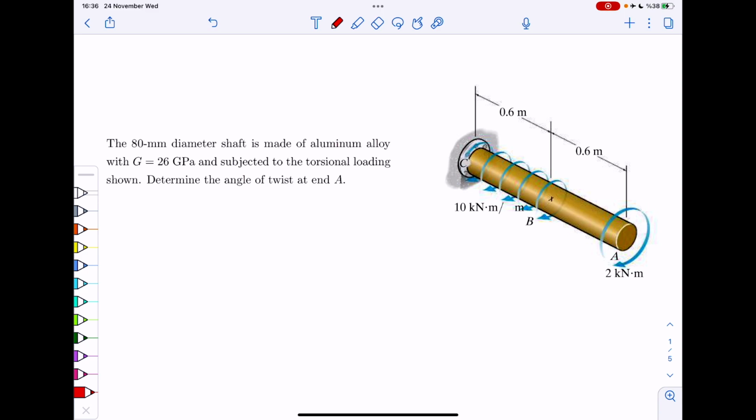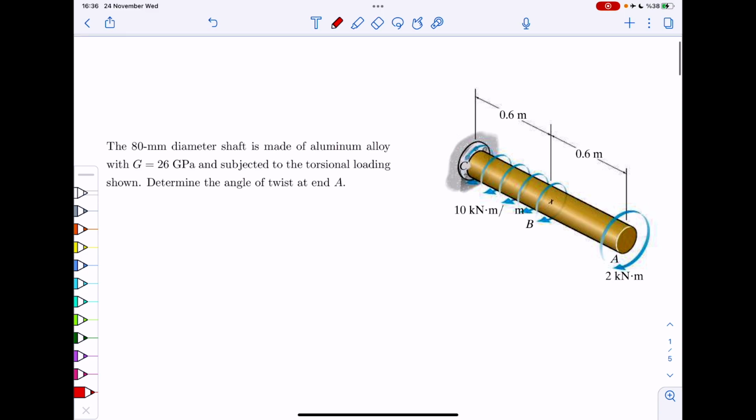And we do exactly the same thing. For this problem, we want the angle of twist at A, so we choose our coordinate system such that it goes from C to A. So angle of twist at A is basically A with respect to C. And instead of A with respect to C, you can say A with respect to B plus B with respect to C. Does that make sense?